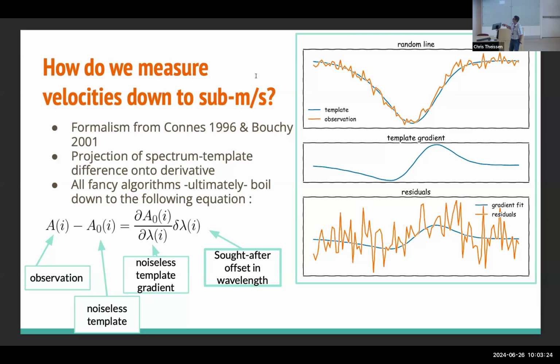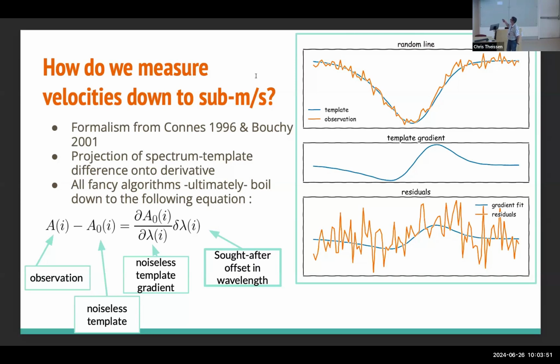You have one observation for a given ith pixel, and you basically compare the difference to your template with the gradients, basically the velocity derivative of your spectrum for that pixel, and you just look for an amplitude. So you say basically if you have a single pixel, you could get a velocity if you knew the difference for that pixel compared to the template and scale that by the derivative in velocity space.